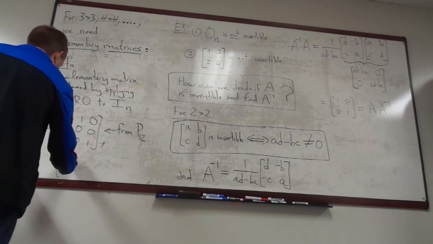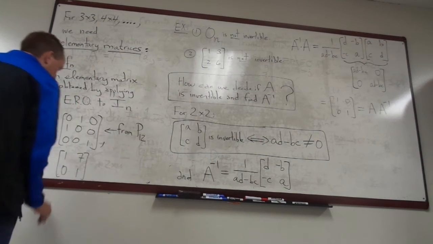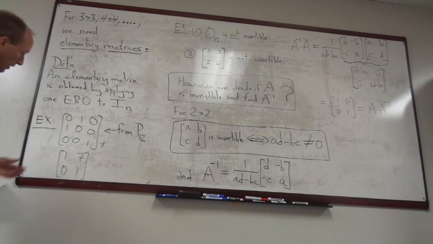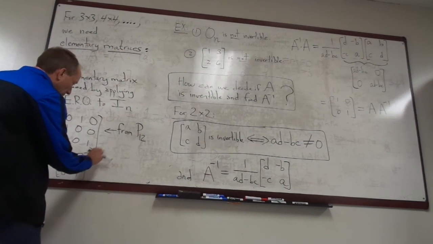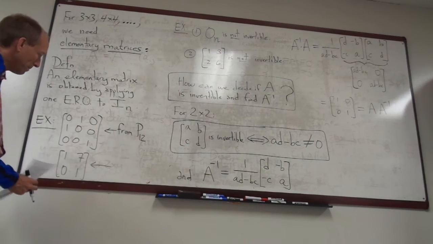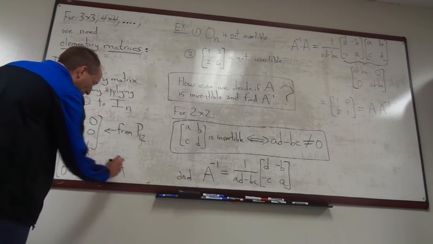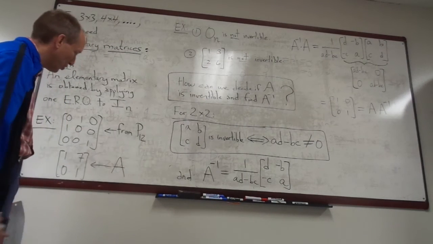Let's suppose we have 1, 7, 0, 1, just a 2 by 2. If I start with the 2 by 2 identity matrix, can you see what the ERO is that would give us this matrix? See what we do, the A operation this time. Remember our elementary row operation notations.